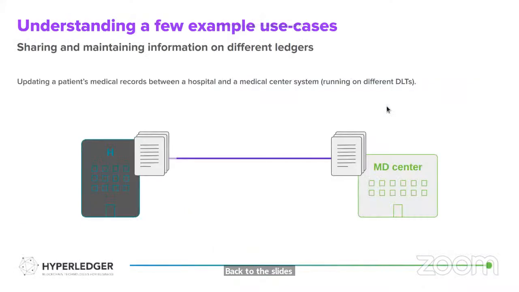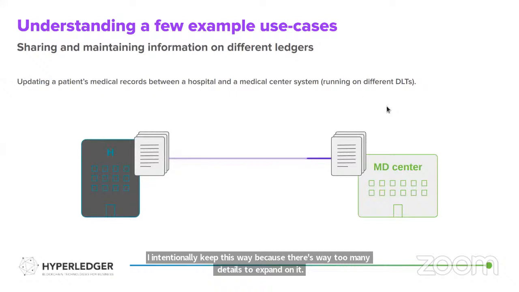So just a few very, very quick, very high level examples. One of them could be patient medical records being transferred or updated across different systems of different healthcare providers. I intentionally keep this vague because there's way too many details to expand on, and I definitely do not have the time.